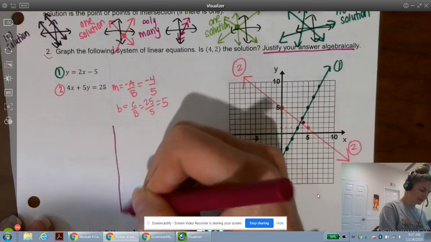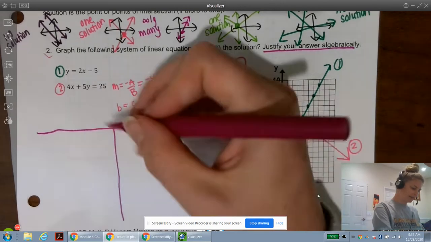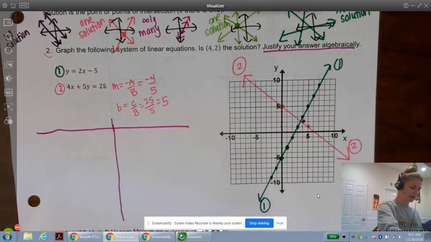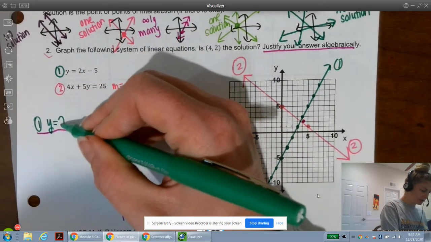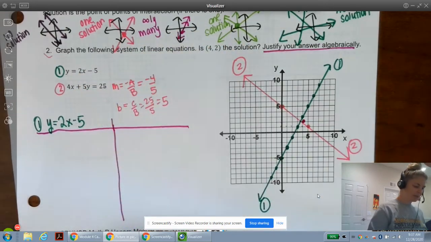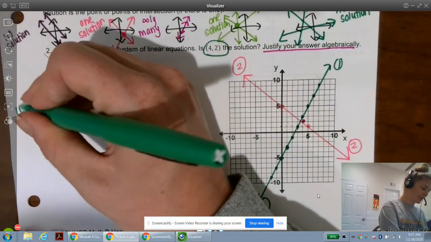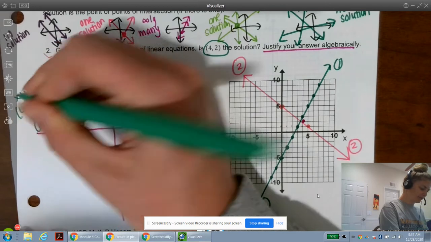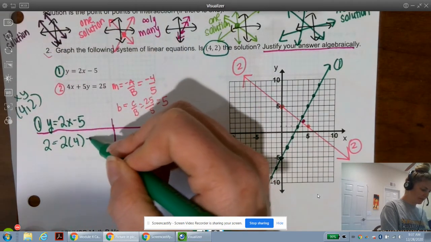So I'm going to make a t-table to organize my work. You're going to be using t-tables a lot this module to keep our work nice and organized. I'll have equation 1, y equals 2x minus 5. Remember, the point we are verifying is 4 comma 2, x y. So we have 2 equals 2 times 4 minus 5.